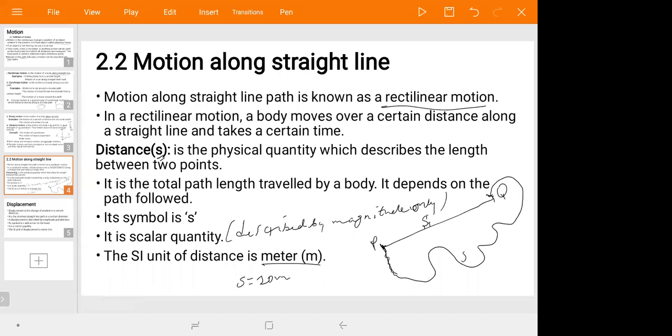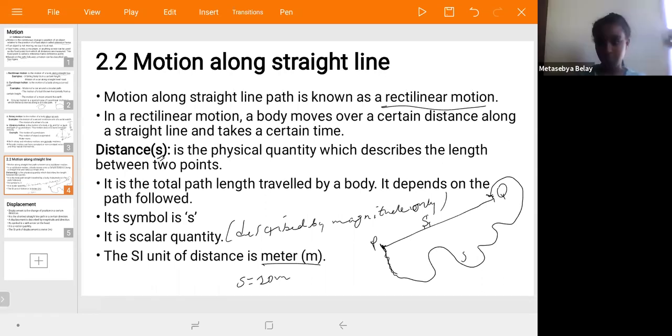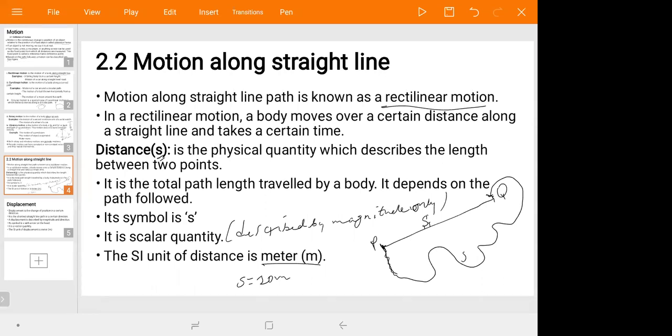Okay, connection on. So under motion along a straight line, distance, displacement, speed, and velocity are the effects of rectilinear motion, the effect of motion along a straight line. So let us see again, what does displacement mean?